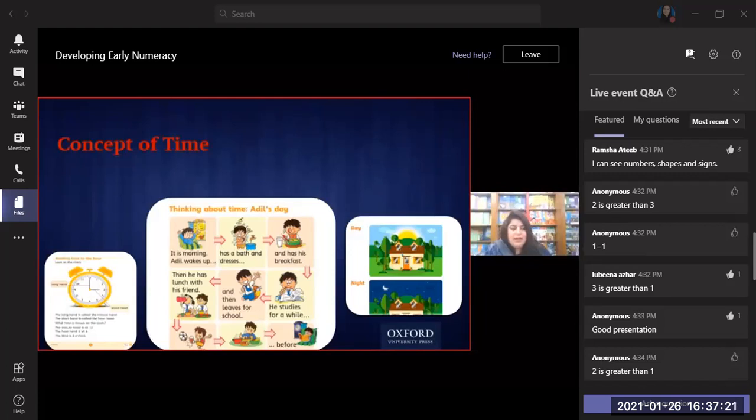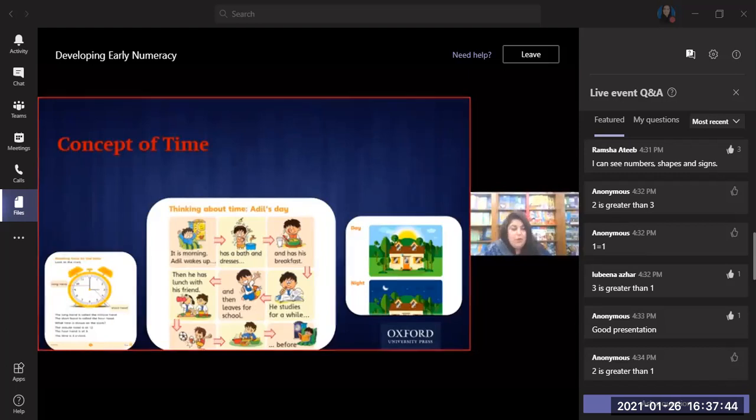in school, he takes his lunch with his friends, and then here we can see the time that he studies, and then the time that he leaves for his games. And after that, what does he take for dinner? And before the dinner, he reads a book.